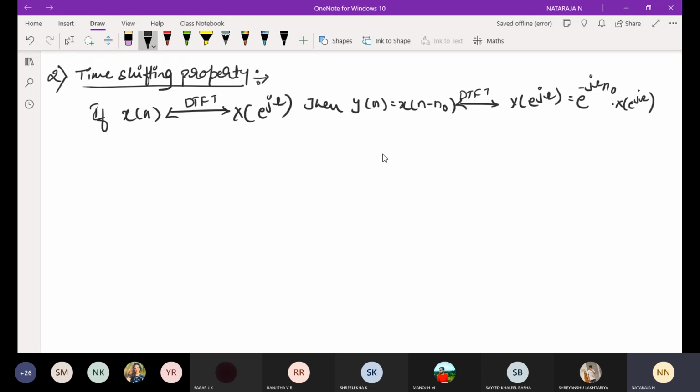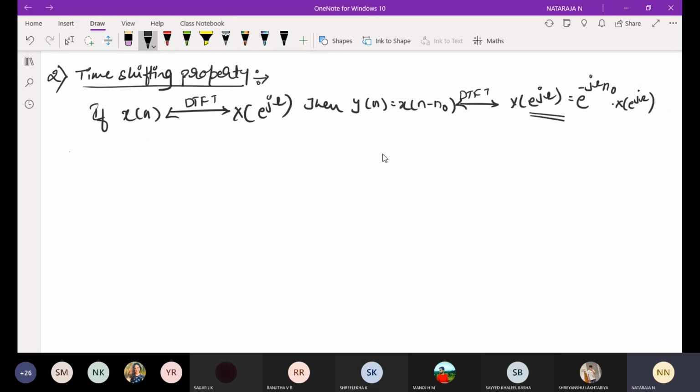This is the time shift property, n minus n naught, like t minus t naught for continuous time signals; n minus n naught is for discrete time signals. So y of e power j omega is e power minus j omega n naught into x of e power j omega. I need to prove this.